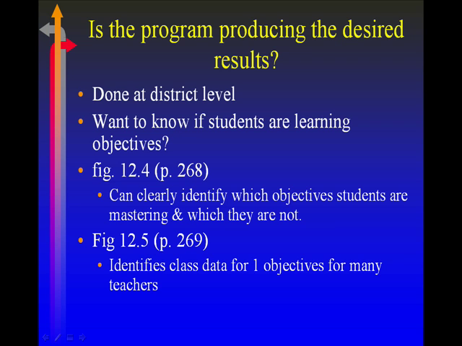If you look at the next page, 269, at figure 12.5, this chart is multiple teachers by one objective. So you have class data for one objective for many different teachers. In the table, you have all the different teachers.